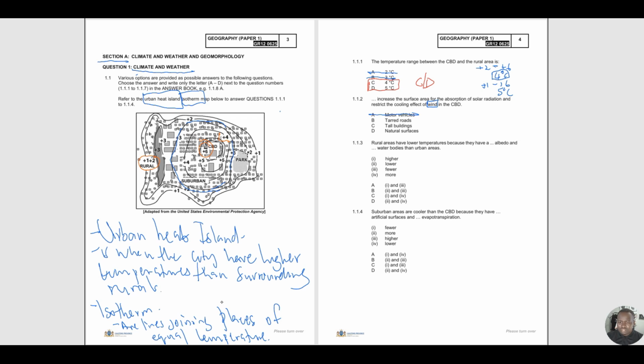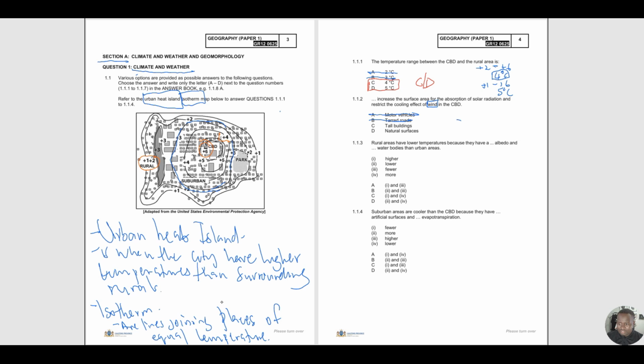Dash motor vehicle increases the surface area for the absorption of solar radiation, and no, it's wrong, this one. Third, road increases the surface area for the absorption of solar radiation and restrict the cooling effect. Okay, no, again. C, tall buildings increase the surface area for the absorption of solar radiation and restrict the cooling effect.